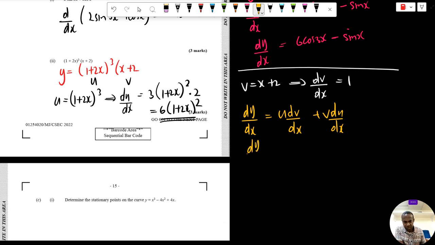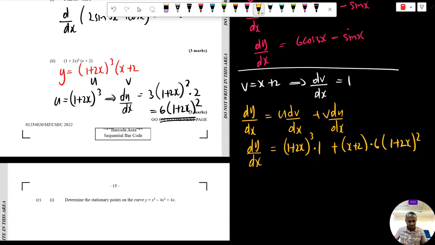And so dy by dx equals, so u equals 1 plus 2x cubed, so we have 1 plus 2x cubed times dv by dx, which of course is equal to 1, then we have plus v, which is x plus 2 times du by dx, which of course is 6 times 1 plus 2x squared.